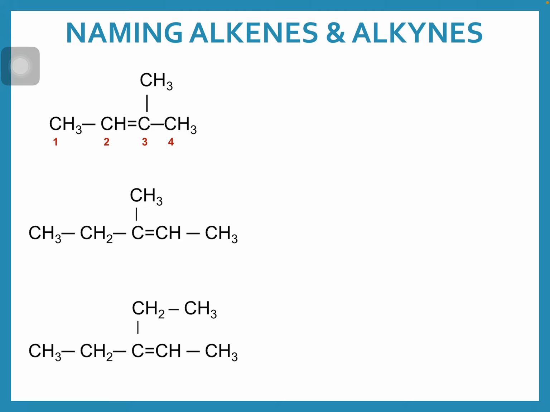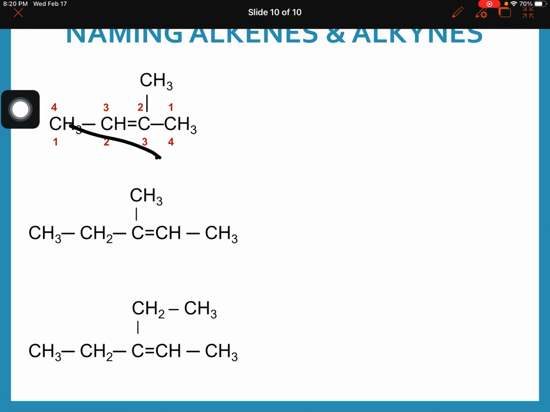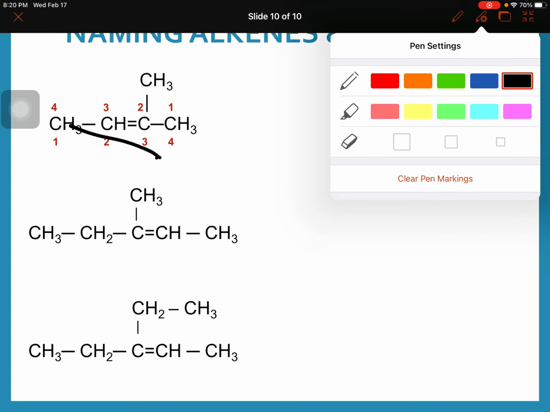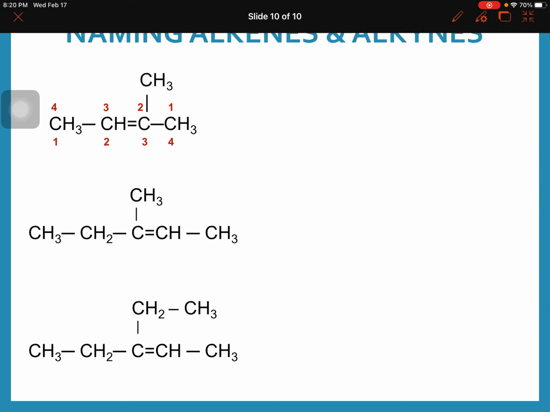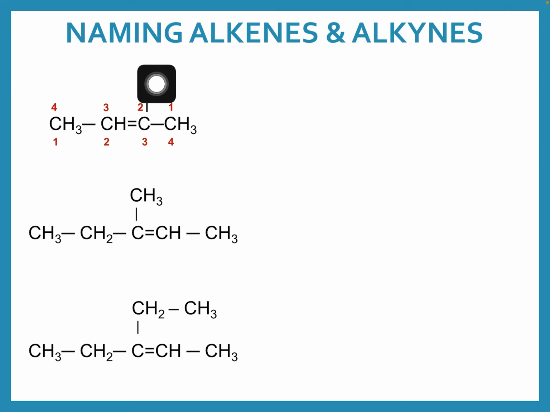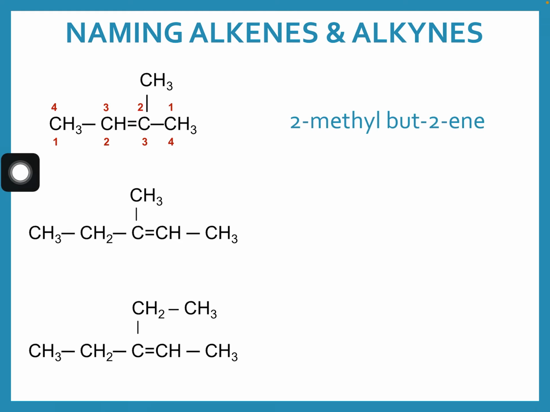So that gives us the same as that for the double bond, but not for the methyl group. So off the second carbon, we have a methyl group and we have a but-2-ene. So 2-methylbut-2-ene.